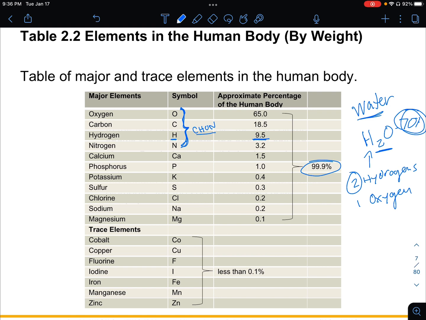If we think about what we know about the atoms of each of these individual elements, that will give us a little bit of forward thinking. So one more time.